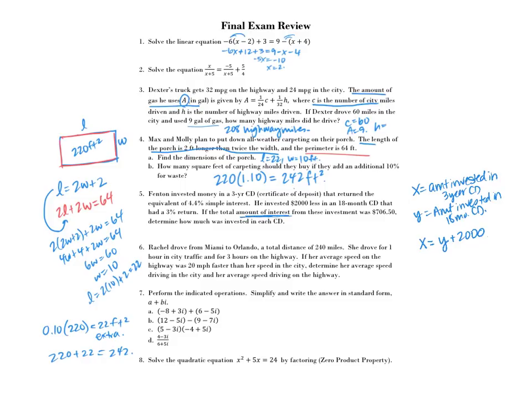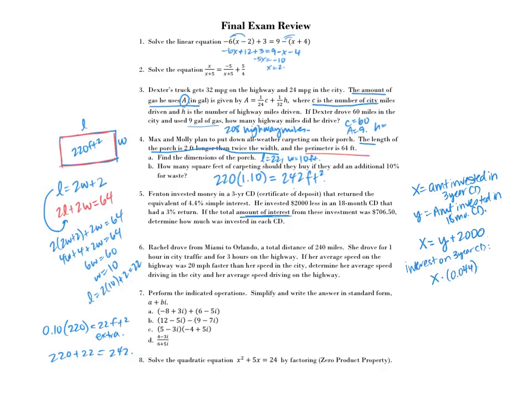Okay, and so I know that for my amount invested in my 3-year CD, the interest on the 3-year CD is going to be given by the amount invested times the rate, which is 0.044, times the amount of time.